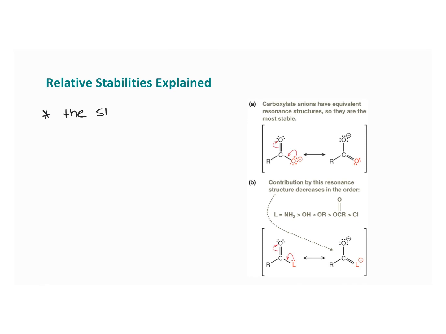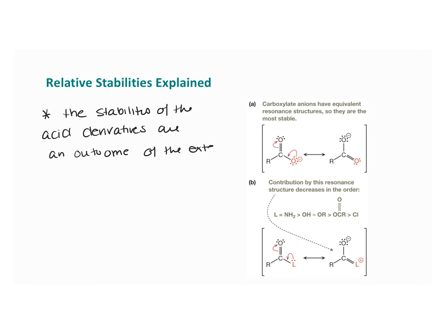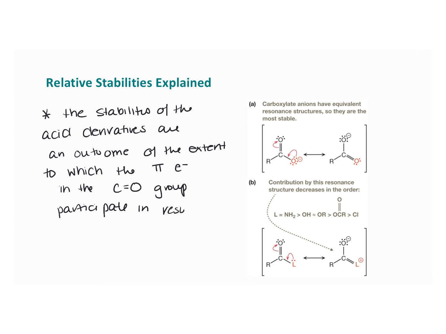The stabilities of the acid derivatives are an outcome of the extent to which the pi electrons in that carbonyl group participate in resonance with a lone pair of electrons on the leaving group. Okay?